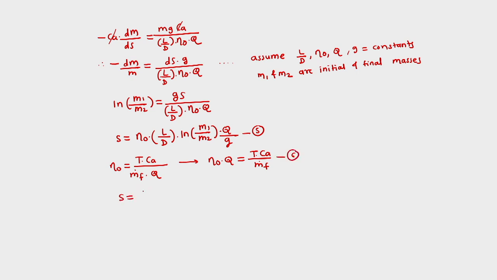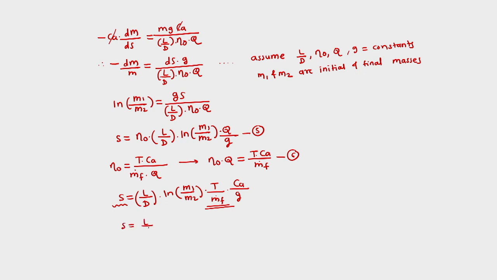In equation number 5 we will get L by D into ln of m1 divided by m2 into T by m dot f into Ca by G. So this formula is for the range of the aircraft, where we can see there is a term T upon m dot f.